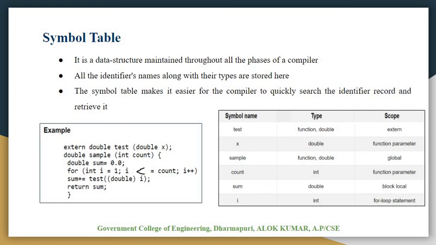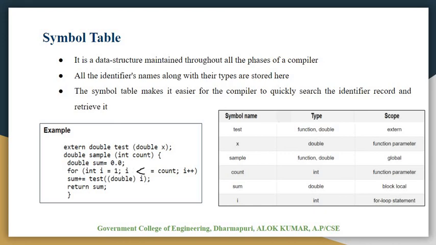So here the first symbol name is test, type is function, and that is double, and the scope is extern. Suppose for this example, this double x, so symbol name is x and type is double, the scope is function parameter. Next symbol is sample, type is double and scope is global.